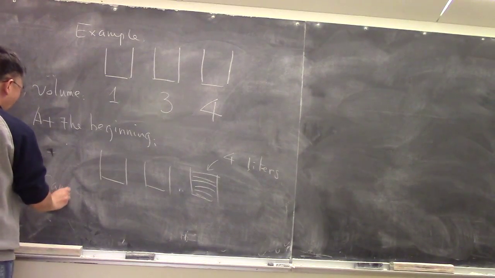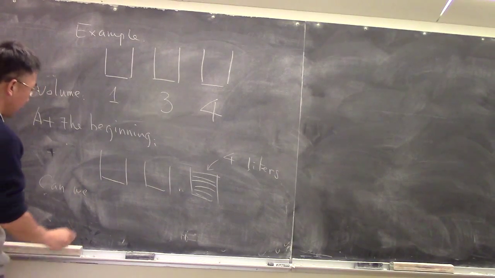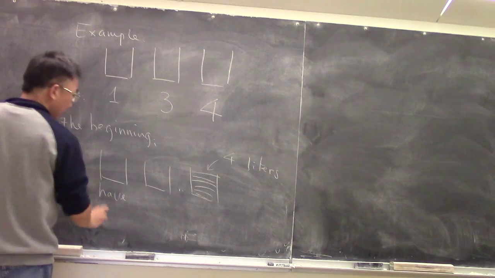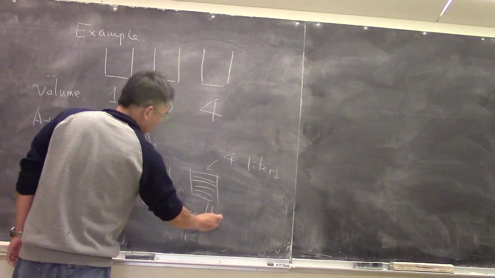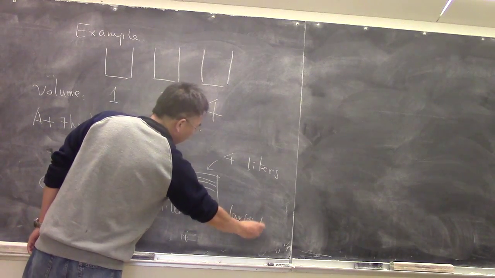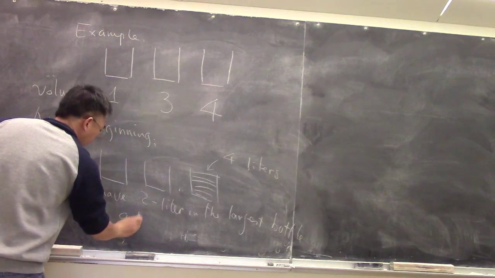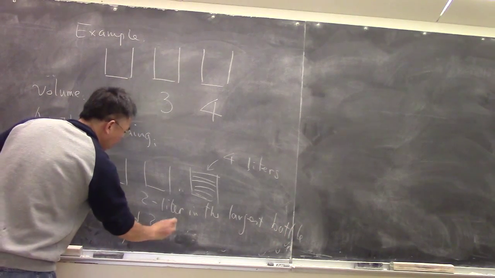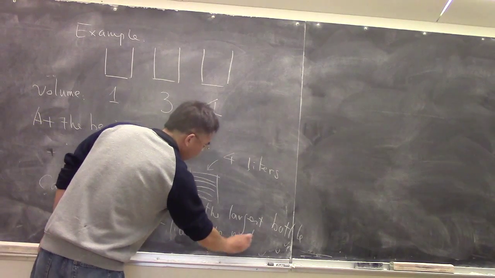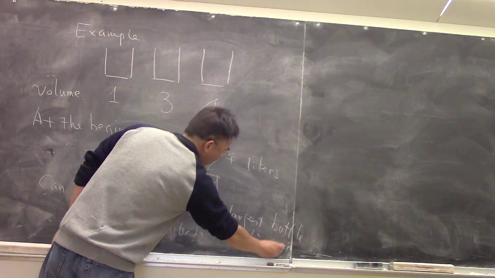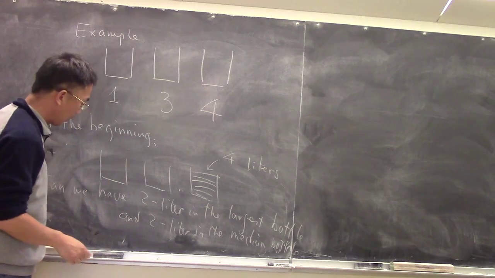So the question is, can we have 2 liters in the largest bottle and another 2 liters in the medium bottle, the 3 liter one, after some pouring?